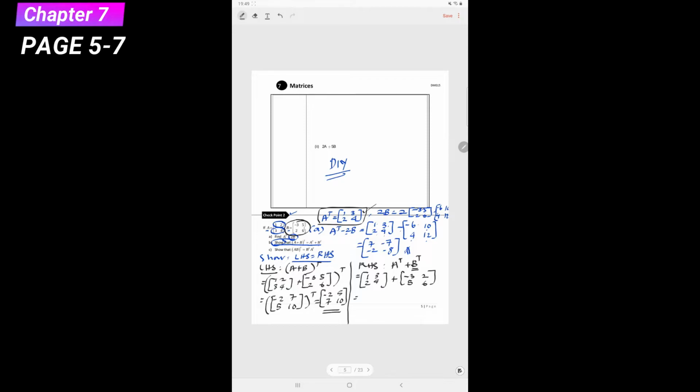Dan baru kita tambah dia, kita akan dapat negative 2. 3 plus 2, kita akan dapat 5. 2 plus 5, kita akan dapat 7. 4 plus 6, kita akan dapat 10. And then kita compare kiri dan kanan, adakah dia sama? Yes, dia adalah sama. Kita boleh show. Okay, that's how we solve this question.